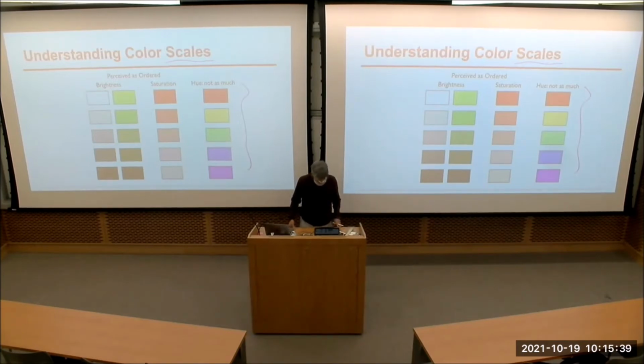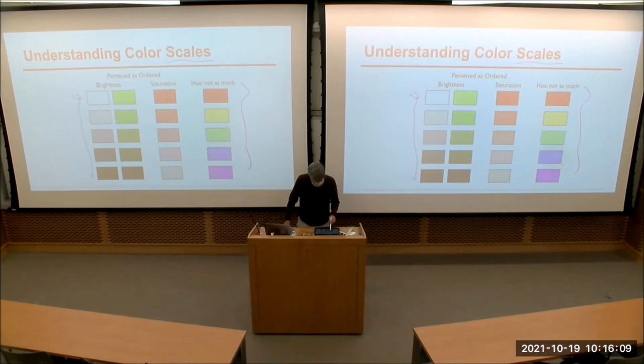And you want it to convey a quantity from lower to higher. And there are different color scales that do a better job of having an ordered perception. If we have black and white, we have an obvious scale of brightness from very bright to very dark.